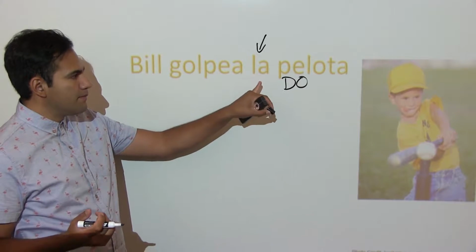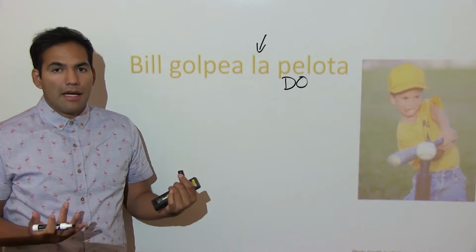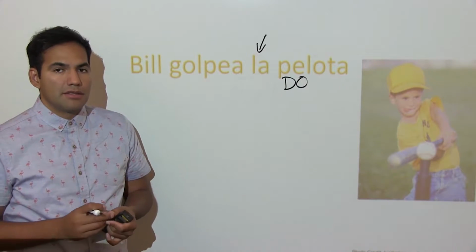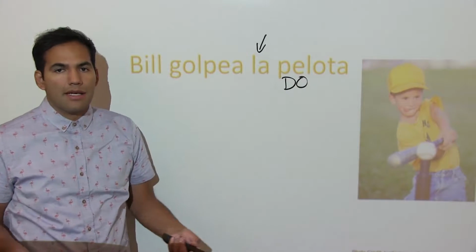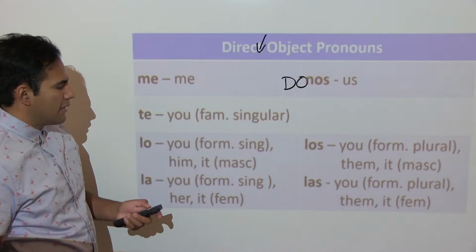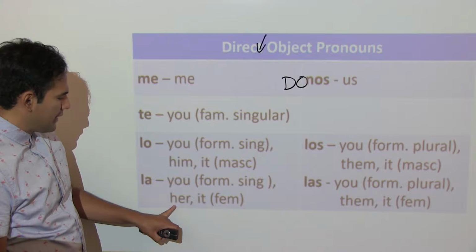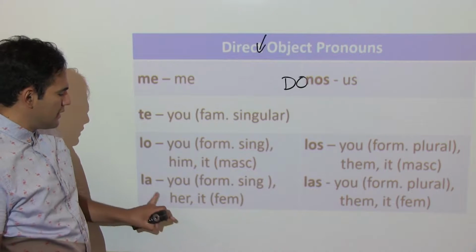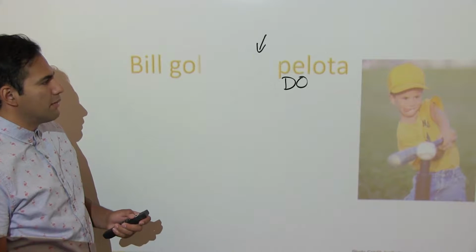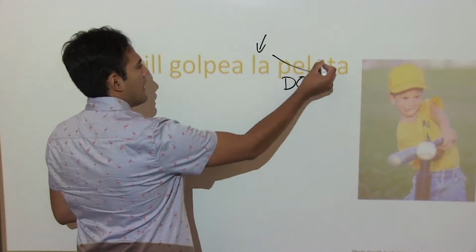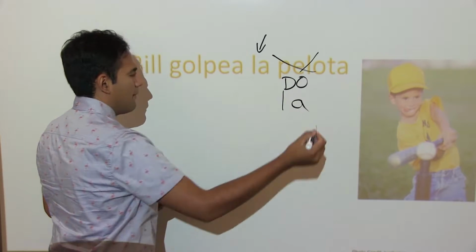La points out that it's a feminine direct object, and it's singular because there's no S. Therefore, if we look back at our table, we're going to find that a feminine it is la. So instead of la pelota, we're just going to say la.